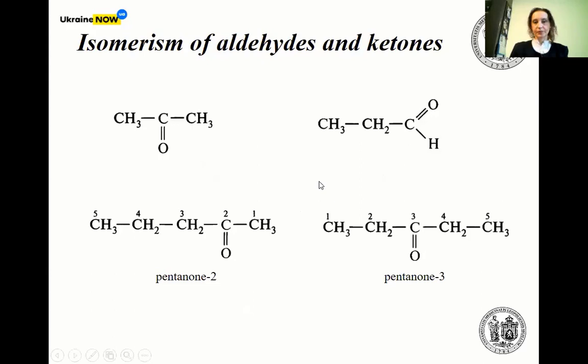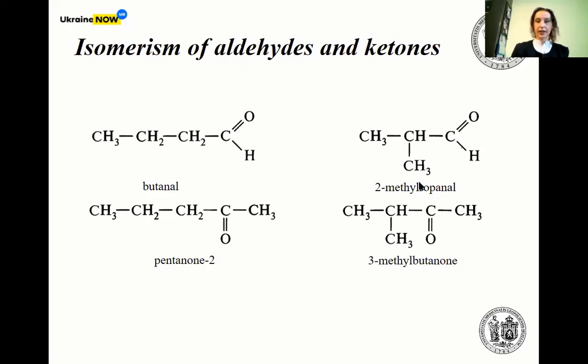Isomerism can be connected with a group. For example, here we have a ketone, here we have an isomeric aldehyde. So we have different functional groups. Here we have structural isomerism, and here is another position of the carbonylic group. So this is positional isomerism.